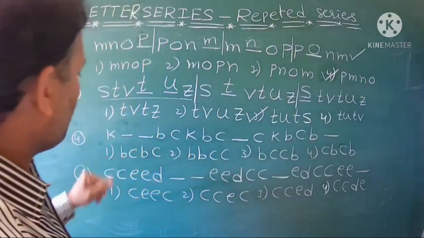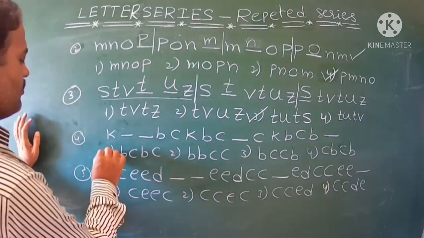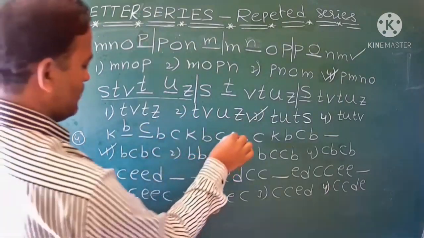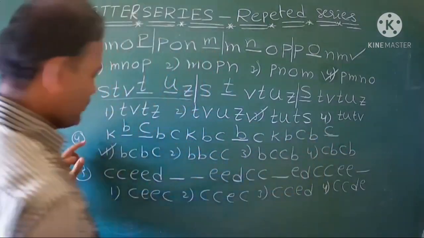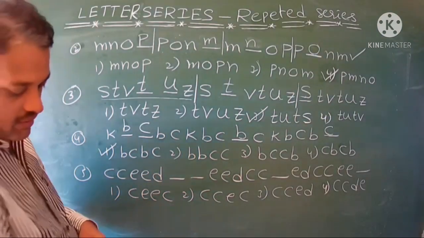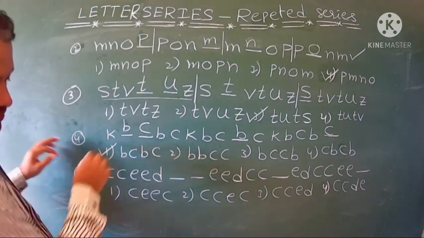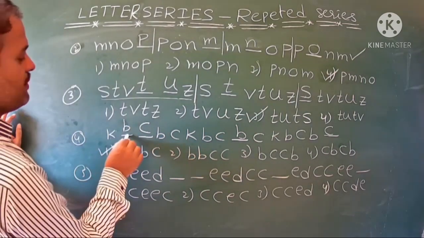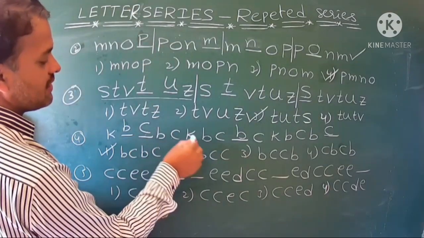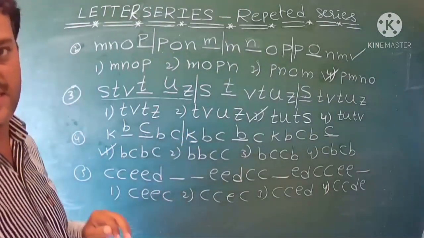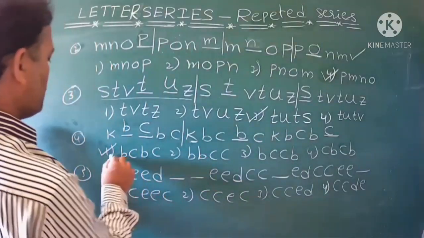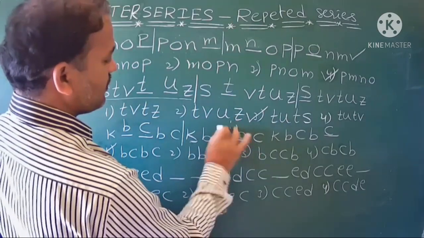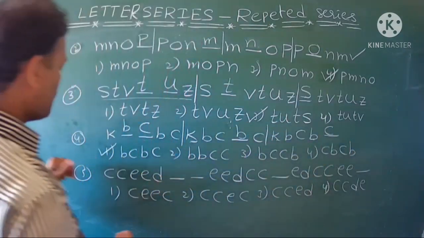Check the first option and substitute BC. Here you get KB, CBC, and it starts again with K. Segregate the first five letters: KBC BC, KBC BC, and again KBC BC will come. So option 1 is the correct one.